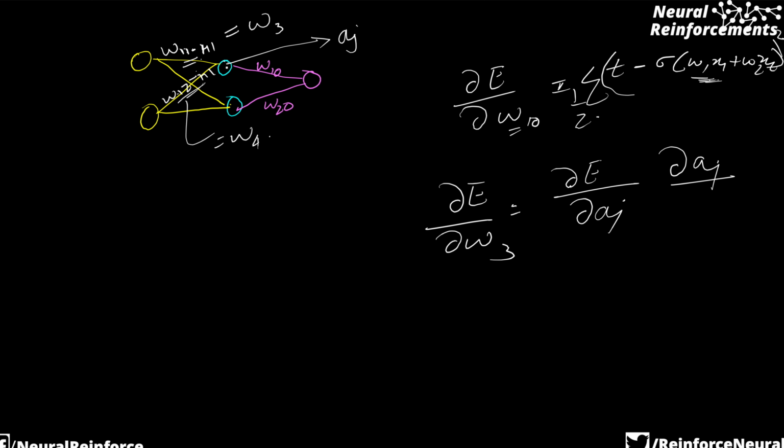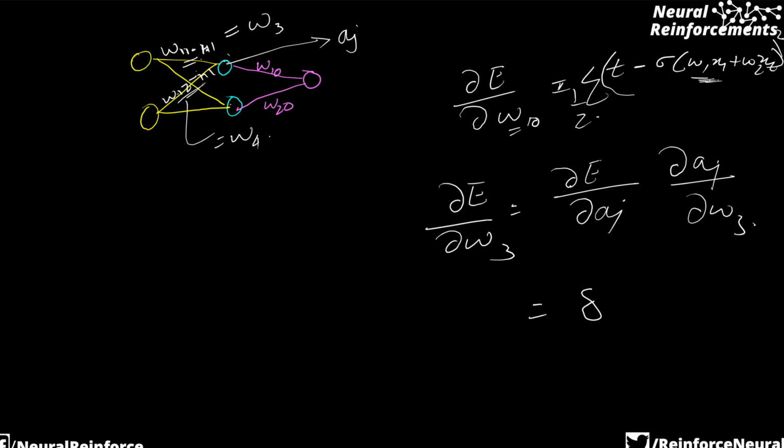Now delta AJ is again dependent upon these two components, so we can call it delta 3 and W3. We have already done something similar earlier, and we can break this further down into the components, and we will come to the same notation, which is the delta of this error.